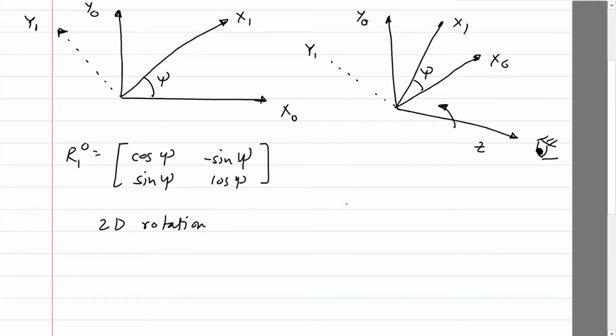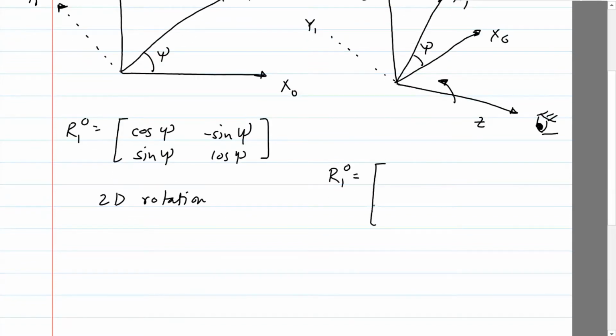Okay, and so the way we write this in 3D is we have a 3 by 3 matrix, so it will be cosine psi, minus sine psi, sine psi, cosine psi, and then there'll be 0, 0, 1, 0, 0. This indicates that the rotation is about the z-axis.